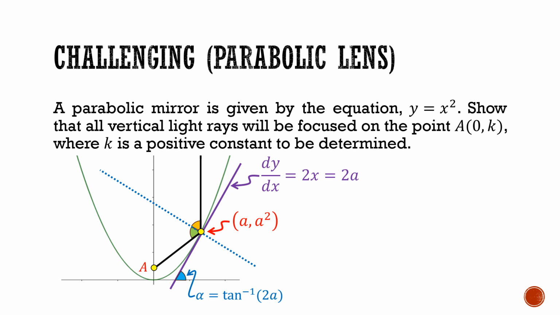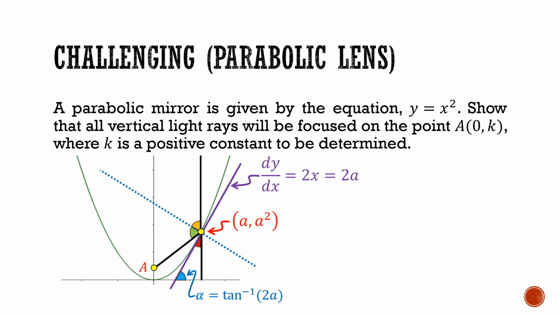First, I'm going to complete the right-angled triangle below by extending the vertical light ray. So now I have a right-angled triangle for the angle of inclination, and I'm going to mark its complementary angle here in red.